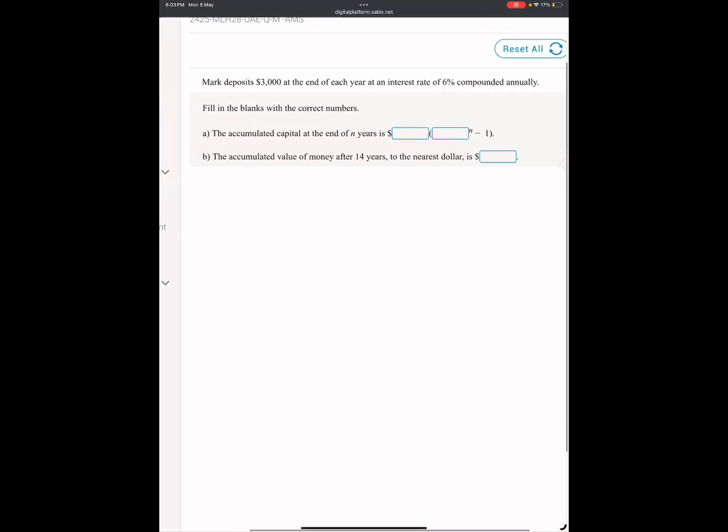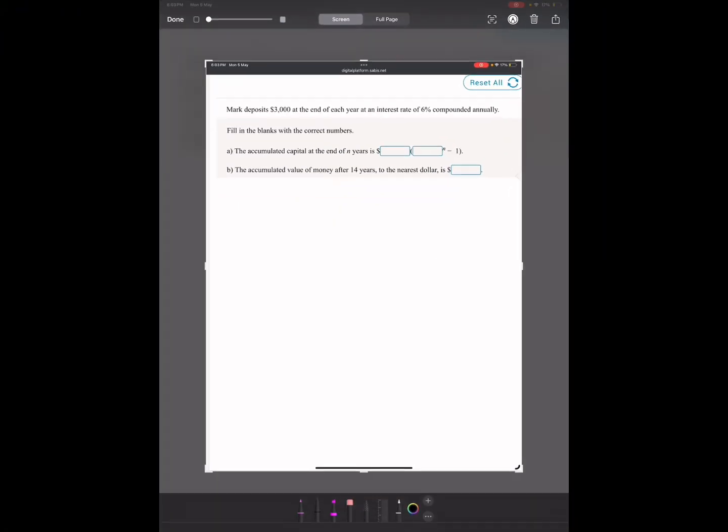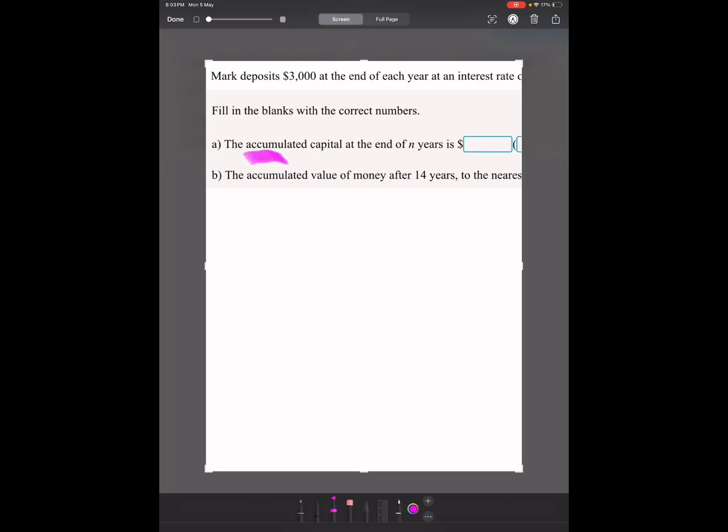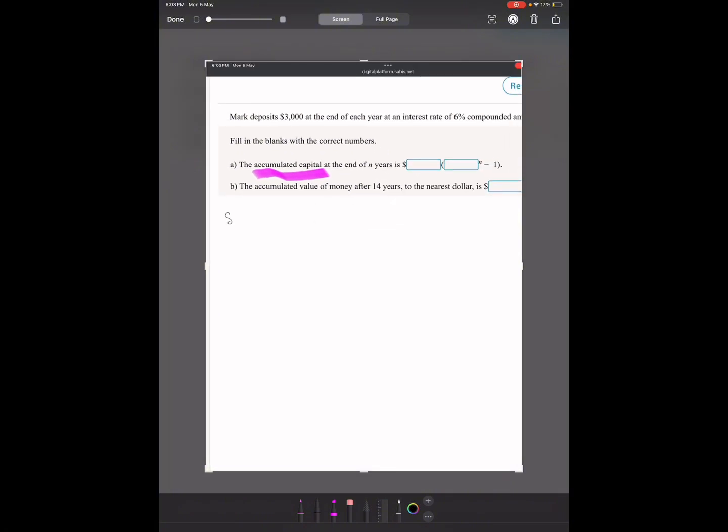For this question, we don't use the normal formula for interest rate because they said accumulated capital. Whenever they say accumulated capital, we have a formula, let's write it down: S of n equals 100 times P over I, into 1 plus I over 100 to the power of n minus 1.